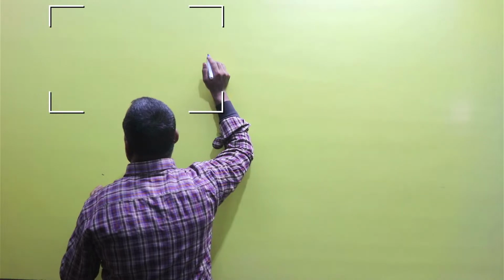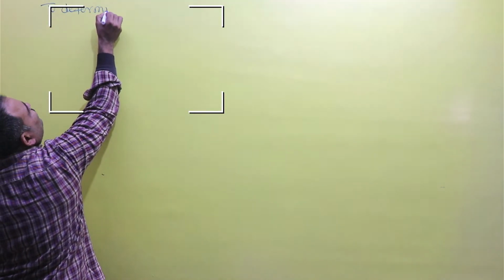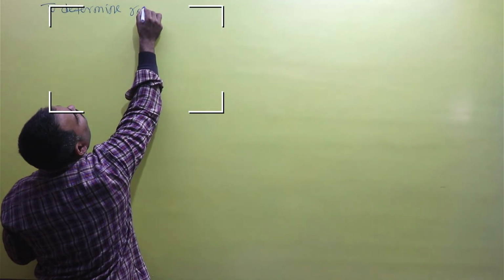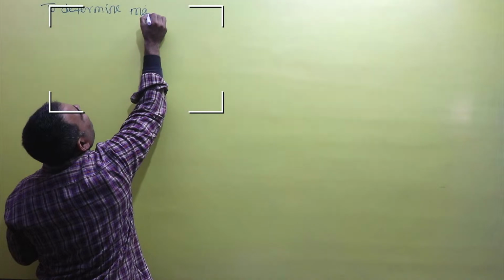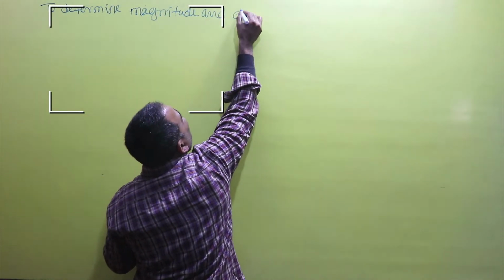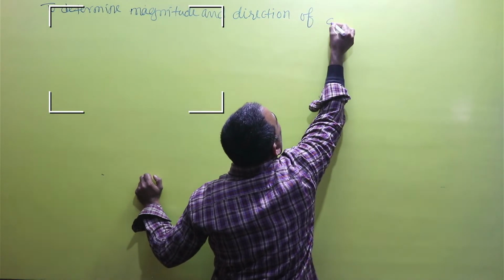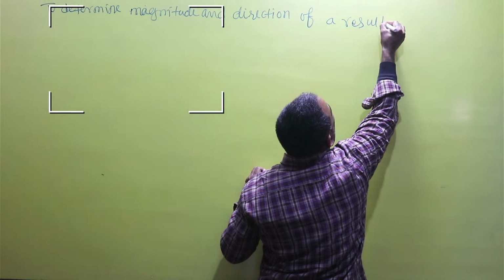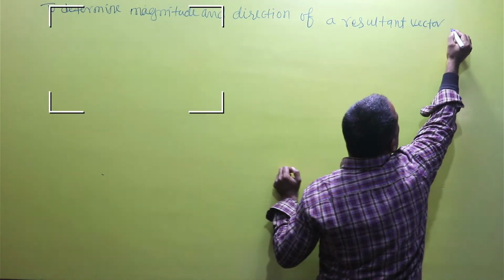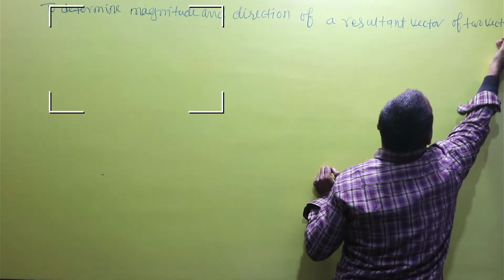So the heading will be: to determine magnitude and direction of a resultant vector of two vectors.